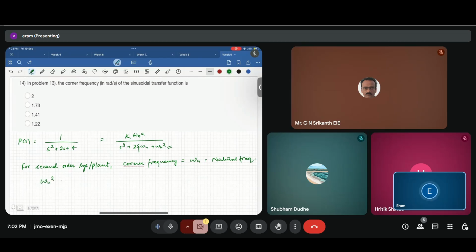So omega n square is 4, then omega n is nothing but 2 radian per second. Okay, so the corner frequency is 2.